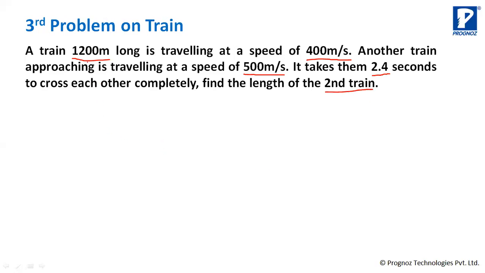See here, the length of the first train is given, which is 1200 meters. Speed is given, which is 400 meters per second. The other train approaching means it is coming from the opposite direction. So both trains are traveling in opposite directions, and that speed is 500 meters per second. They take 2.4 seconds to cross each other completely, and then you have to find the length of the second train. Let's see.